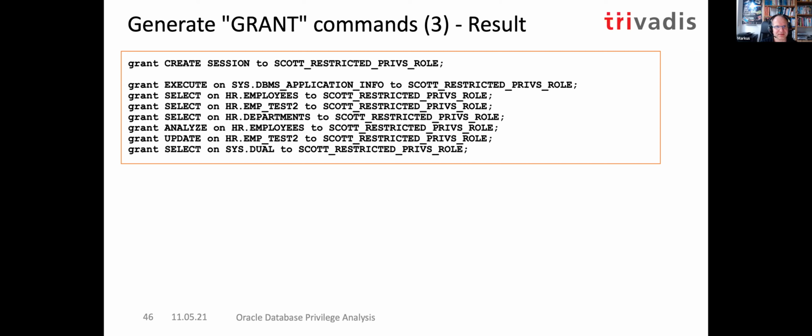The first line is the CREATE SESSION from the system privileges, and the second is the result from the object privileges, and that's basically what the user needs. You can then revoke all the other privileges from the user and grant only this SCOTT_RESTRICTED_PRIVS role.